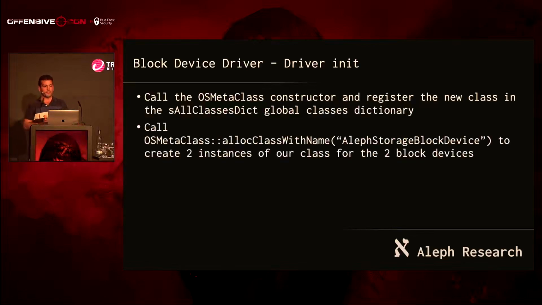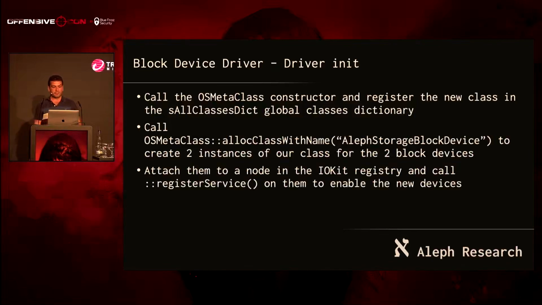After that, we called a static function allocClassWithName and used it to create two new instances of our driver class to represent our two new block devices, one for the root mount and one for the read-write data mount. After that, we called registerService on these two instances in order to enable the new block devices. Now, this is what a regular IOKit driver and the iOS C++ runtime would have done to register the classes and to register their instances.